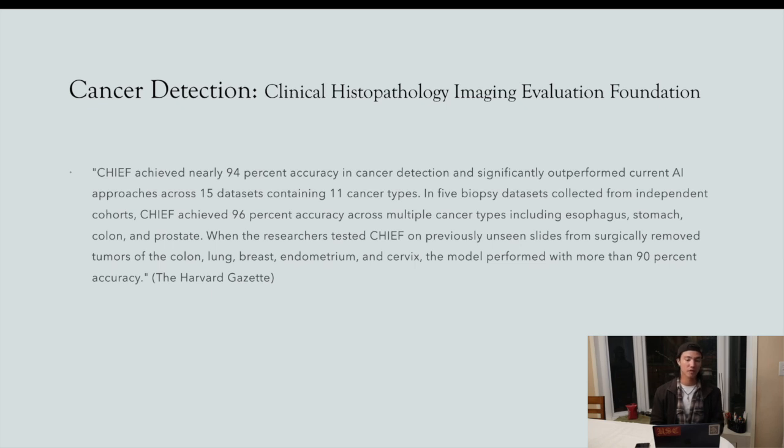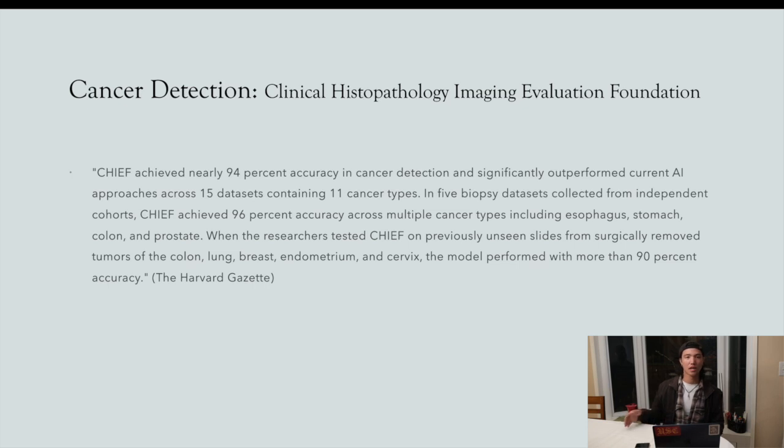And that's a direct quote from the Harvard Gazette, which I will link at the end of the slides and in the comments below. How they designed CHIEF was they gave this machine over 15 million different images of people with and without cancer and from different backgrounds, different ethnic backgrounds, different racial backgrounds, and it really tried to teach this machine how to identify patterns off of every single type of person and to come to a conclusion whether or not they have cancer, and if they do, what type of cancer it was.